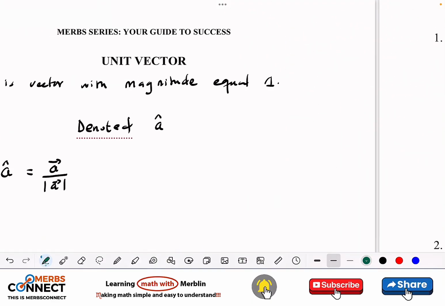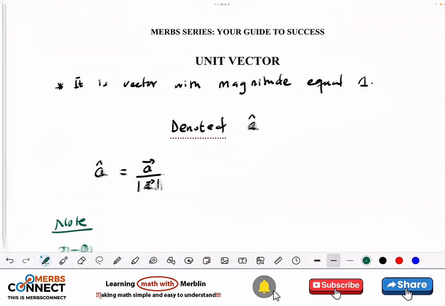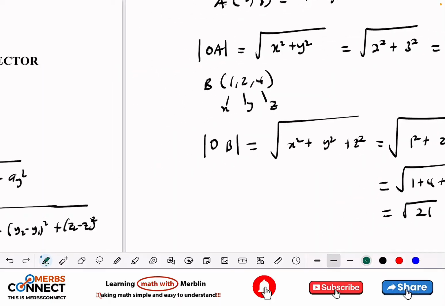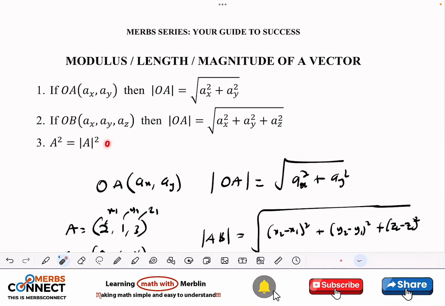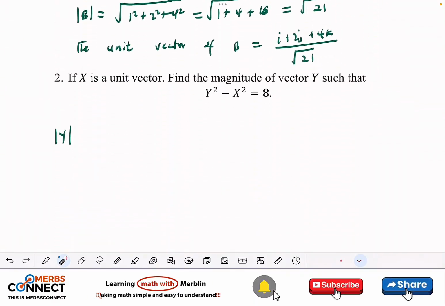But remember, we did some theorem here, and then we learned that, where is it? I think it's here. We learned some theorem that a squared is equal to the magnitude of a squared. So it means that we can apply that thing here.